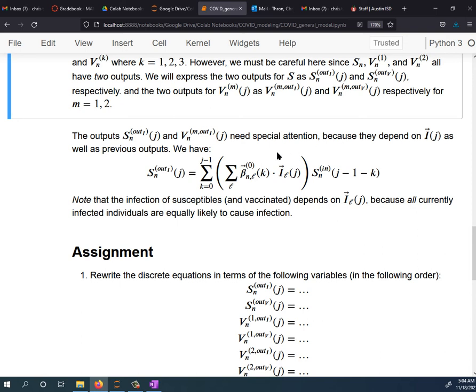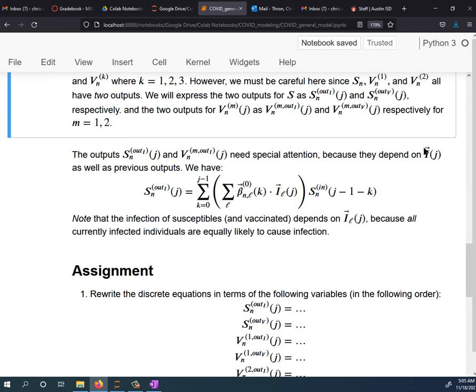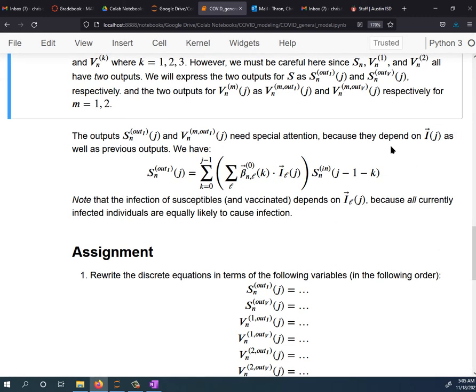The reason is that people who are infected in the time interval j to j plus 1 depend on how many infected people are running around. Not on people who were infected in the past, not on how long they were infected, but just on how many people are infected during this time interval. So that's why we have I of j here. We don't have any sum over I. You're just looking at the current infected population.